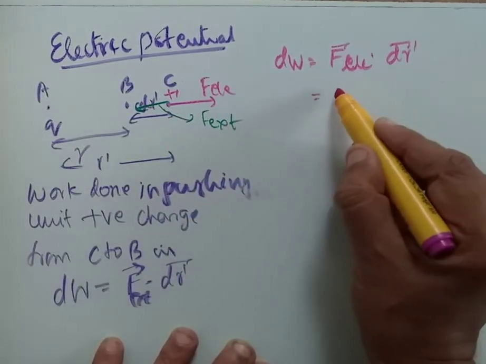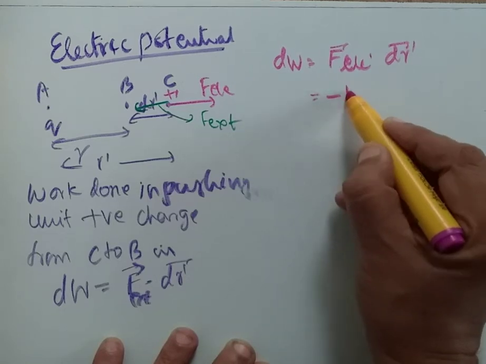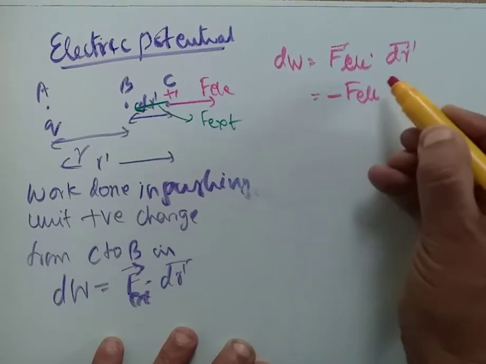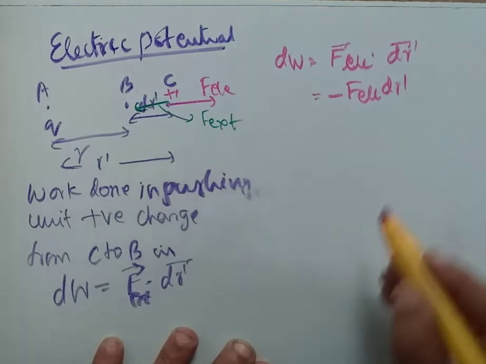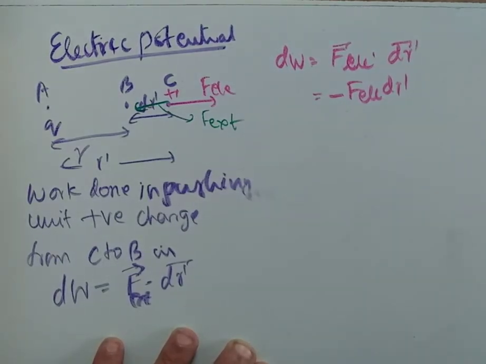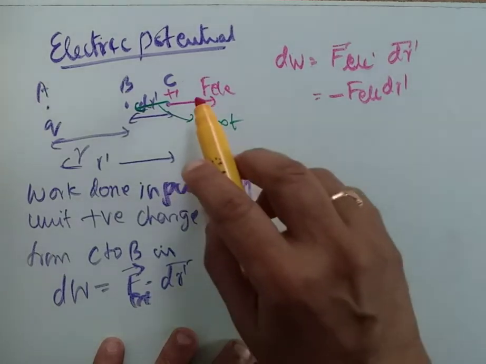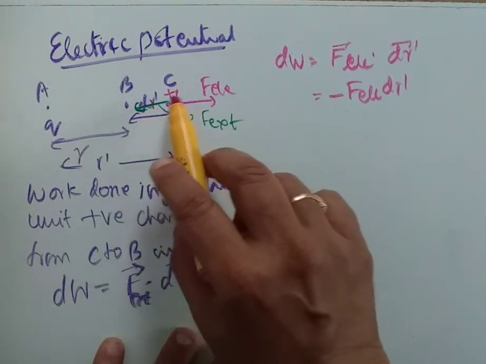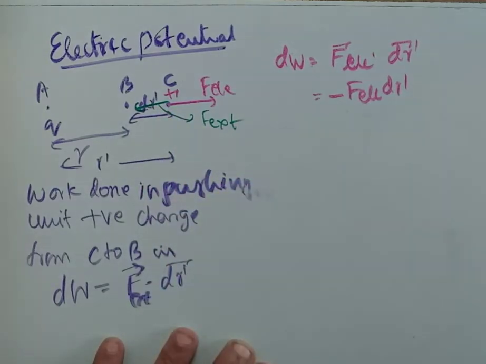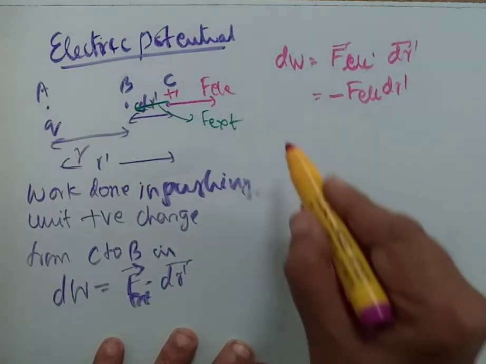Therefore, I must write F electric with a minus sign times dr', because cos theta, which is cos 180, gives a minus sign; F dot dr is AB cos theta according to the dot product. That minus sign exists, or else we can simply think of F electric and dr' as being in opposite directions. Therefore, we are writing a minus sign there.